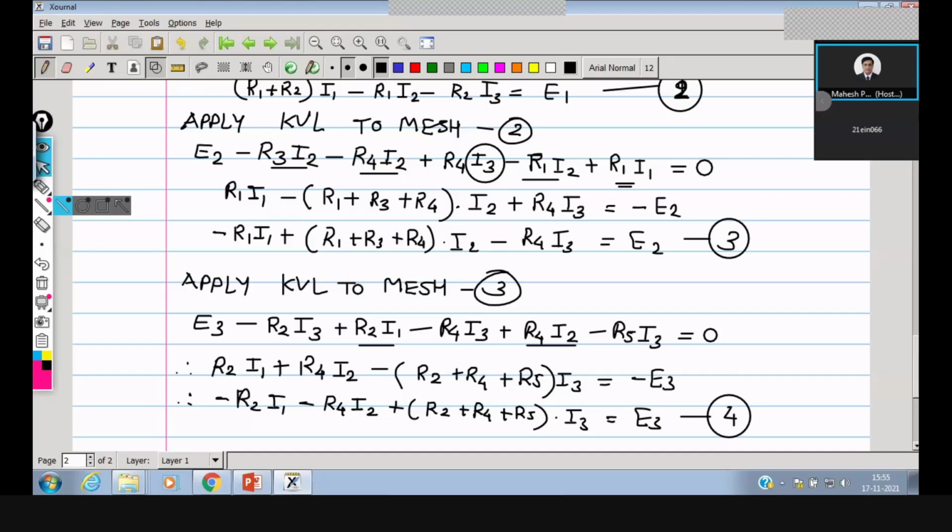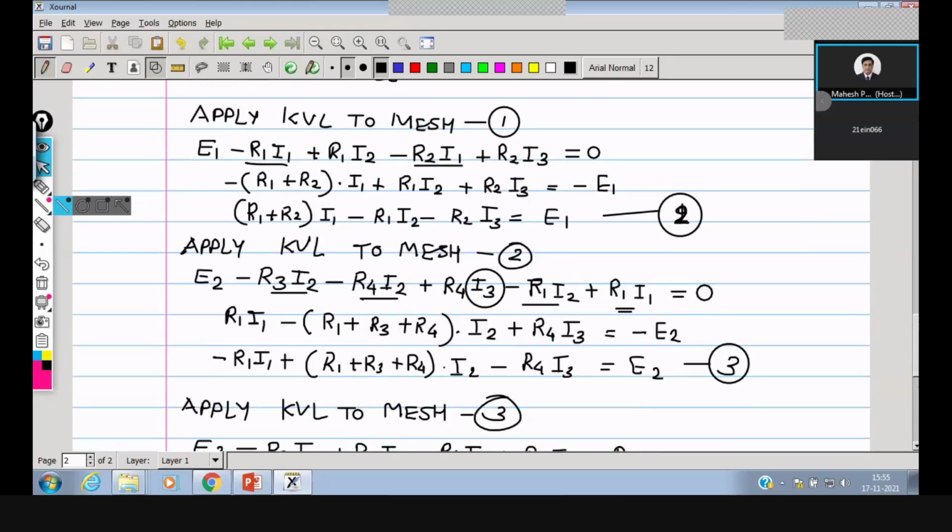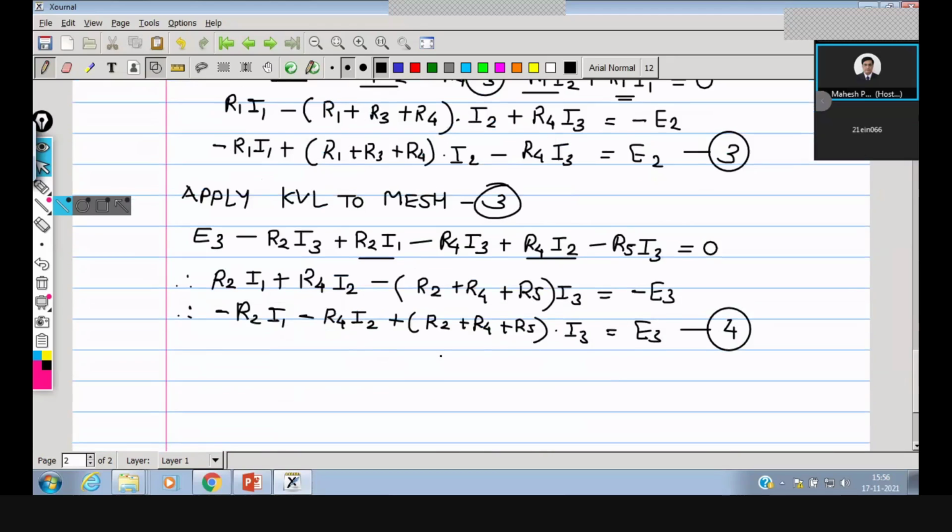Fine. So in equation number 1, there are 3 different unknowns, I1, I2 and I3. Similarly in equation number 2, I1, I2 and I3, and in equation number 3 there are 3 unknowns.